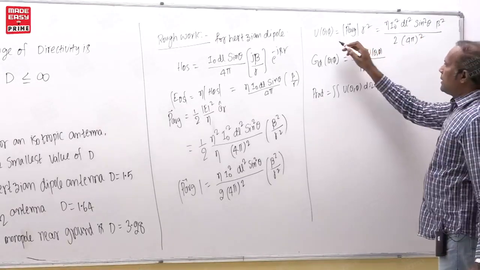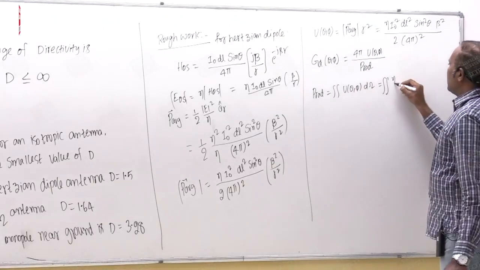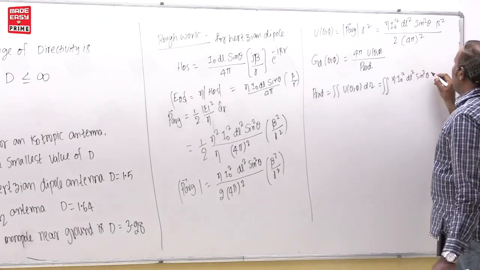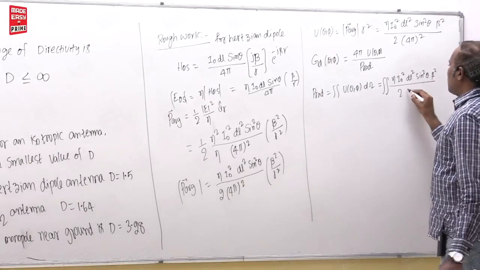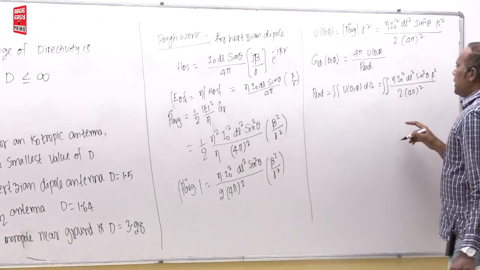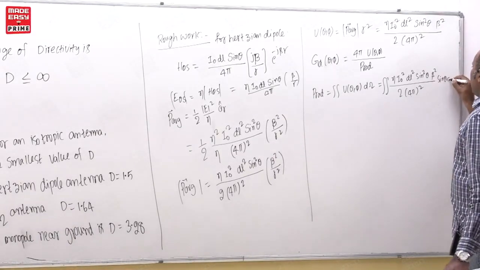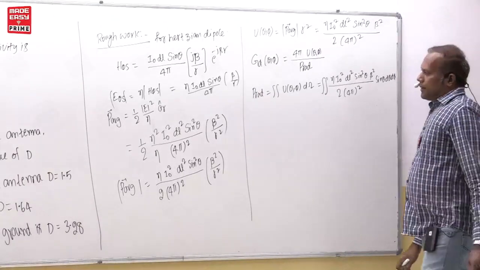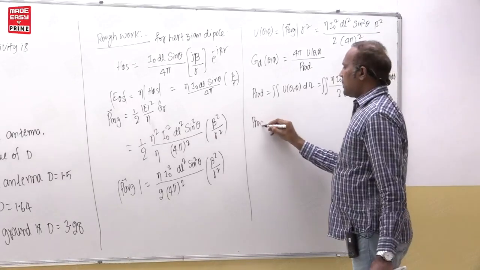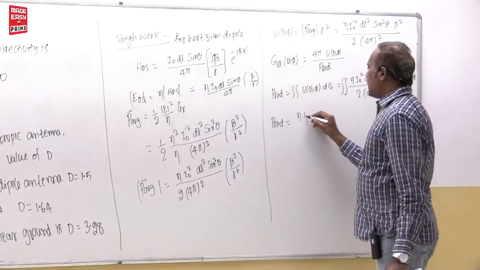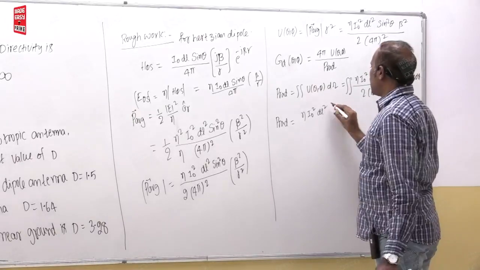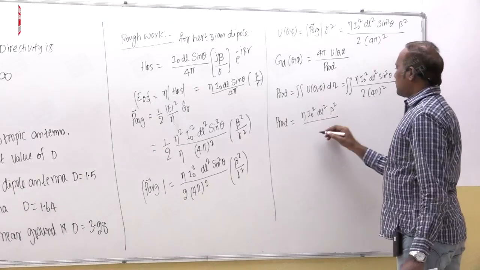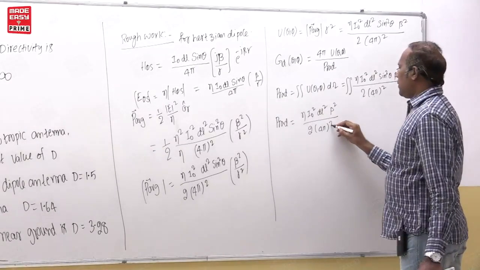This is the radiation intensity: eta I naught square dl square sin square theta beta square, 2 times 4 pi whole square, and d omega is sin theta d theta d phi. That is the radiated power. That means the radiated power is equal to eta I naught square dl square beta square, 2 times 4 pi whole square.